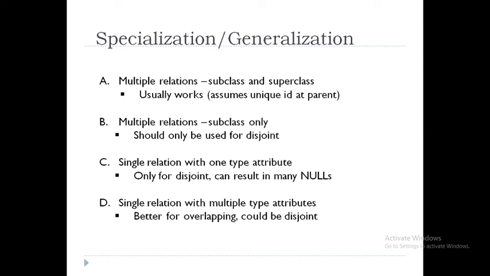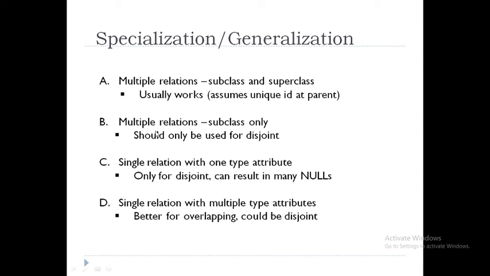Now if you have a specialization or generalization concept, then how to map this? There are 4 different methods to map the specialization or generalization. The first one, multiple relations. Okay, like you have to create a separate relation for subclass and superclass.